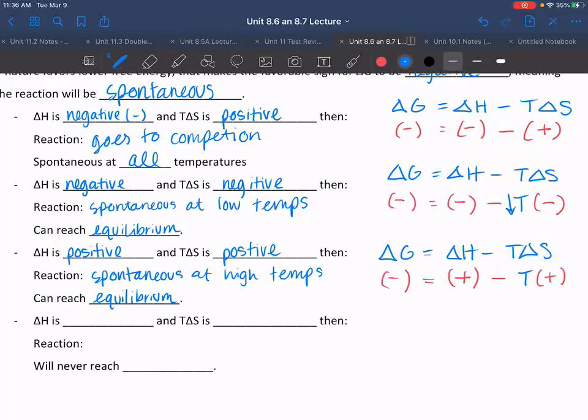So this is why we want an increase in temperature to make this term be larger than this one, therefore becoming negative.